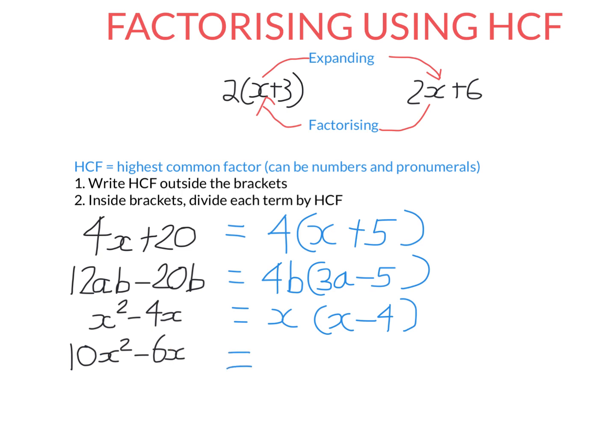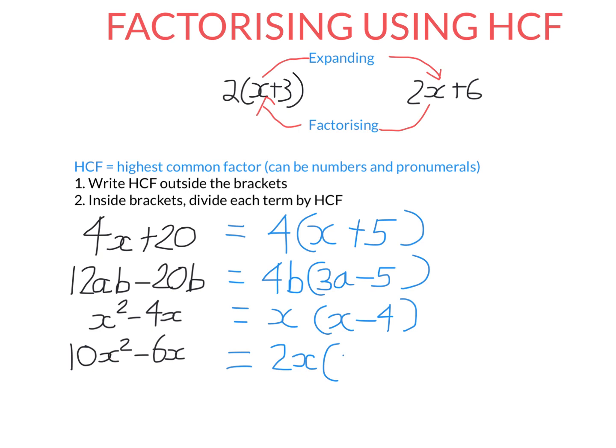So 10x squared and 6x, what's their highest common factor? The highest number that goes into 6 and 10 is 2. But both of these also have an x in common, so I need to put that out the front as well. So what do I times by 2x to get 10x squared?